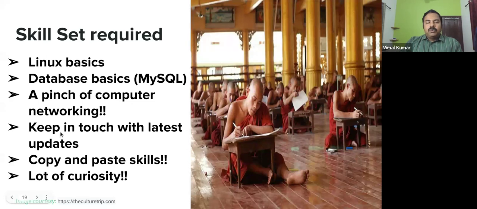Then we have to know how to keep in touch with the latest updates. Then copy and paste skills, because we have to apply many commands. Then a lot of curiosity, curiosity to learn new things. A lot of things change day by day, and we have to keep in touch with it.